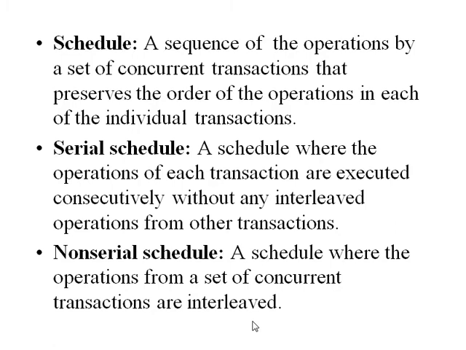It means after executing some operations in one transaction, the other transaction also starts its execution parallelly. That is called interleaving. So a non-serial schedule means a schedule where the operations from a set of concurrent transactions are interleaved.